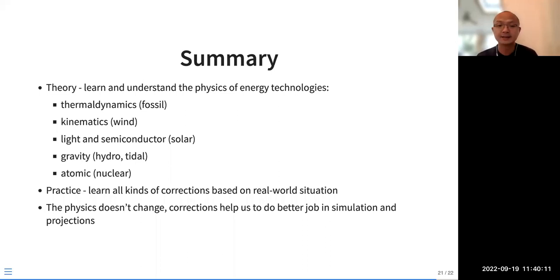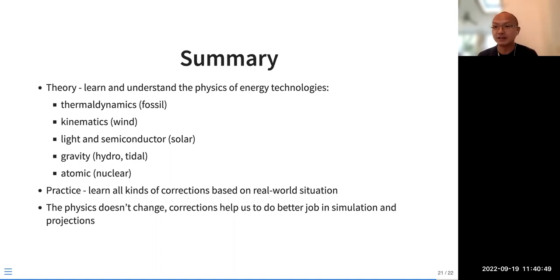In the real world, we need to get familiar with all kinds of corrections based on real-world situations. For example, longitude and latitude, friction coefficients based on the surface area, and elevation, which has an impact on air density, which impacts the temperature and other factors that will impact how much power we can get from wind, and so on.